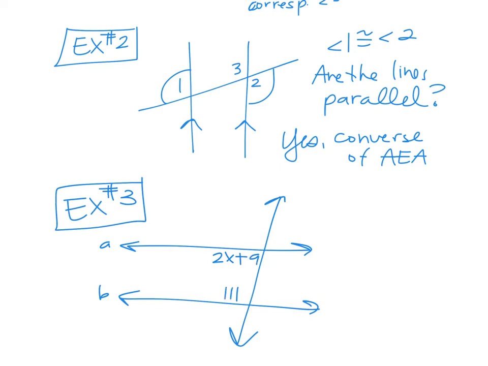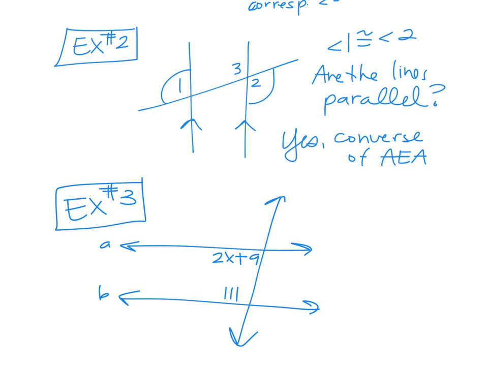The question is, and this is the way they'll word it, but you're solving it the same. They'll say, what is the value of x that would make A parallel to B? Whereas on Tuesday, it said, A is parallel to B, solve for x, right? Now we're saying, what would x have to be in order for A and B to be parallel? You do the same process.